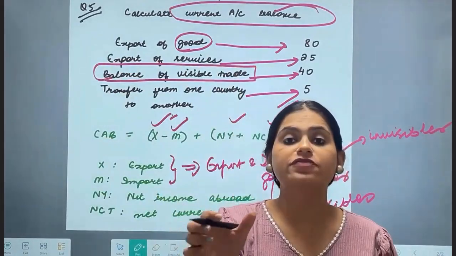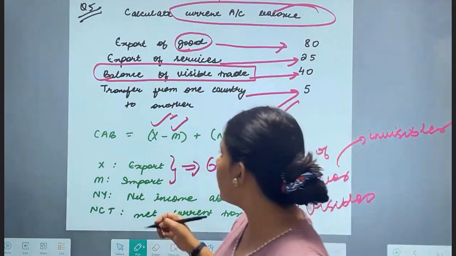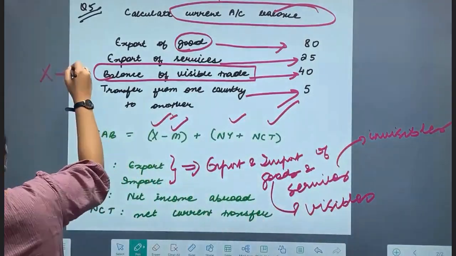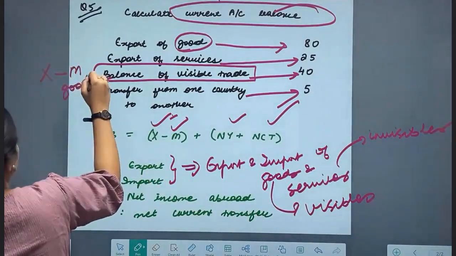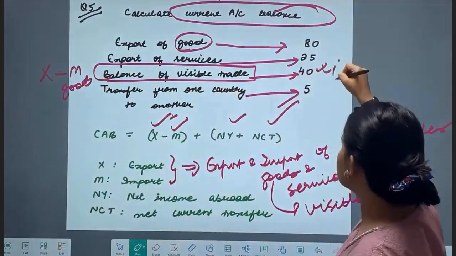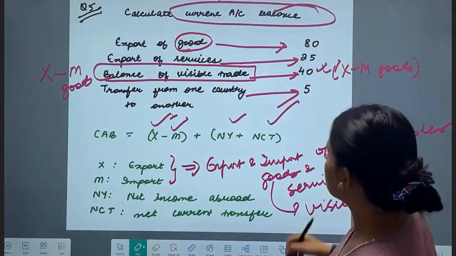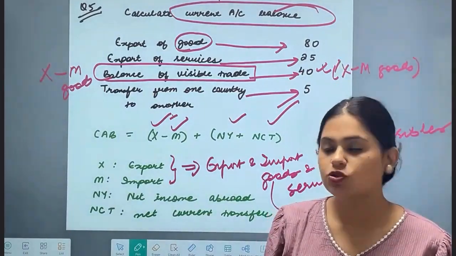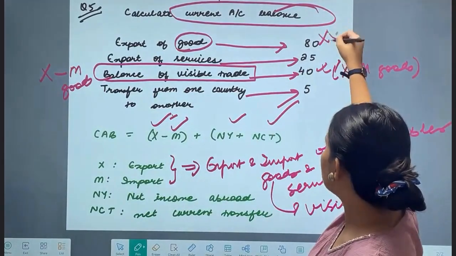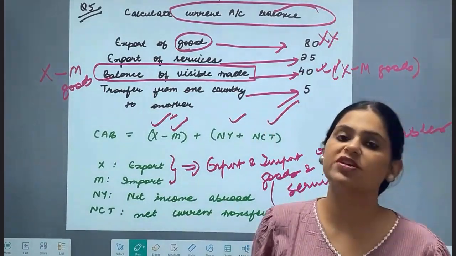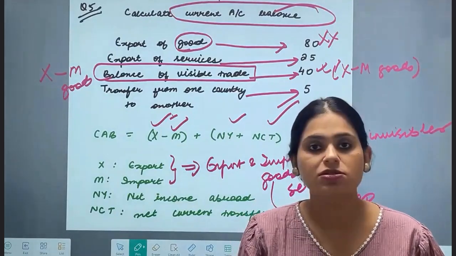Balance of visible trade means they have given you export minus import of goods. This value is x minus m of goods. So I do not have to consider it separately. I already have x minus m of goods given to me. I don't have to consider anything else.